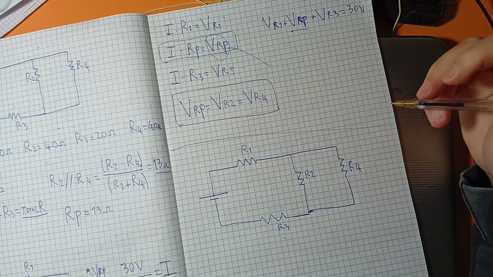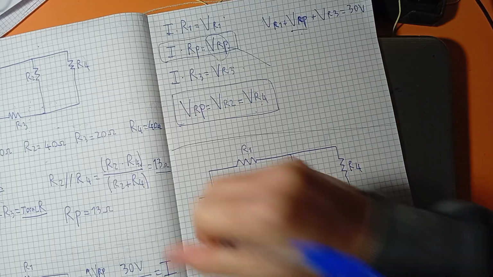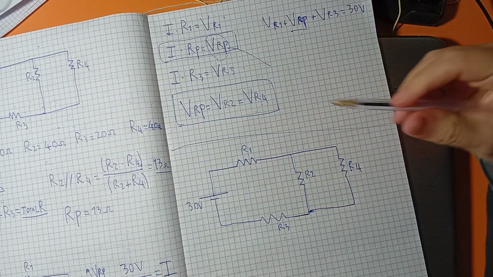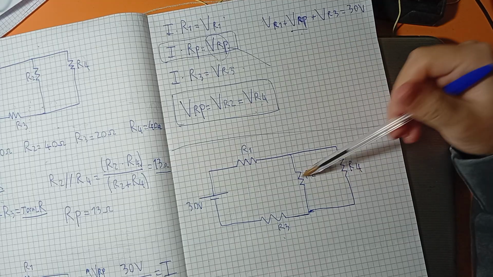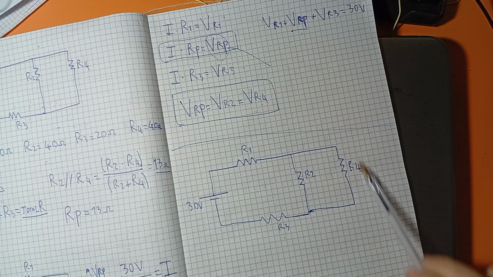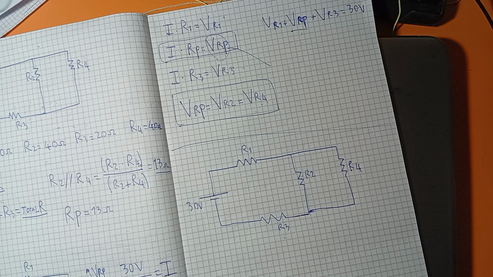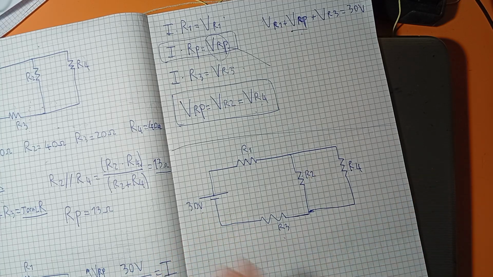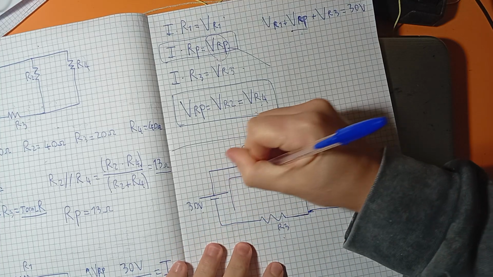If I have a parallel here, there will be a total current. I calculate a total resistance, this parallel plus this one plus this one. I will obtain a total resistance, and then I divide the total voltage by the total resistance, and I will obtain a total current, which is this.